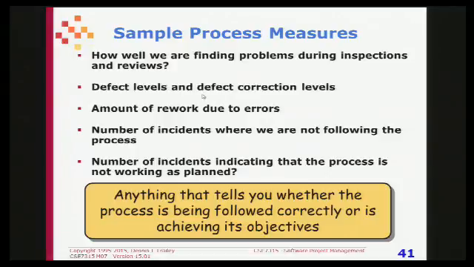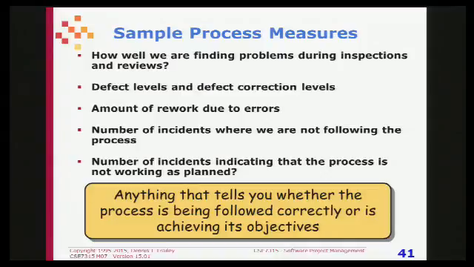Defect levels. Rework. How much rework do you have? The more rework you have, the more inefficient your process is. How many incidents do we have where we don't follow our process? That's something you could measure. How many incidents do we have where the process doesn't do what it's supposed to do? Doesn't accomplish what it's supposed to have accomplished.